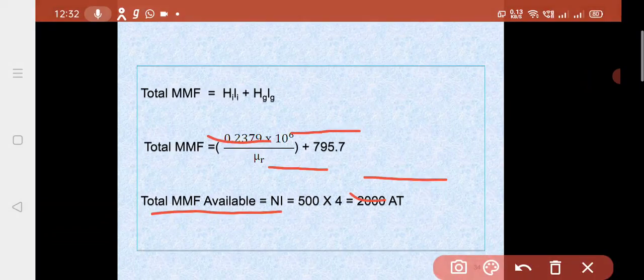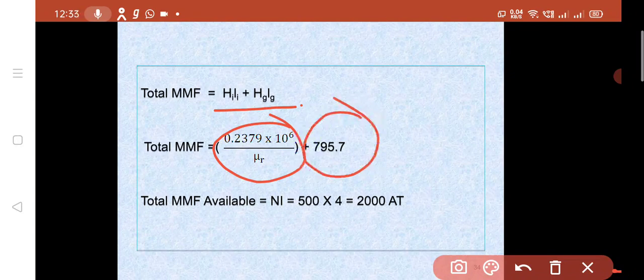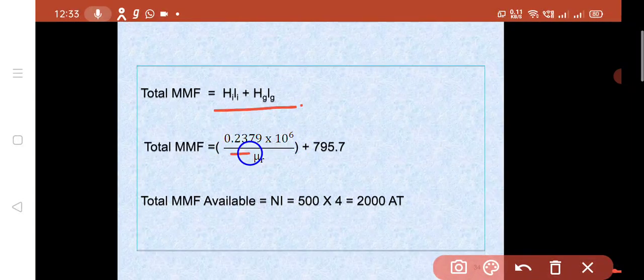The total MMF is Hi Li plus Hg Lg. This is the Hi Li value, and this is the Hg Lg value: 0.2379 into 10 to the power of 6 by mu R plus 795.7.